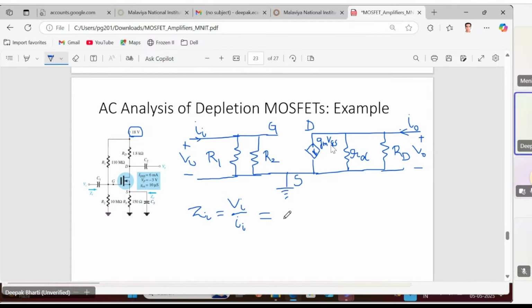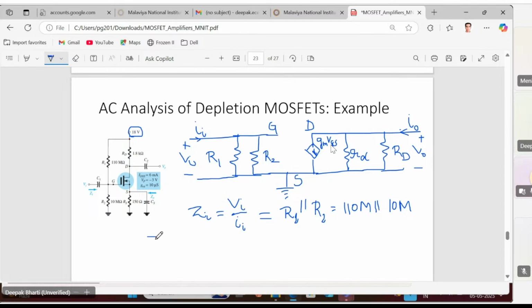So effectively we can write the Vi and II ratio as R1 parallel R2. What is this? Parallel combination of 110 mega ohm and 10 mega ohm, which will be less than 10 mega ohm. So that is the Zi.